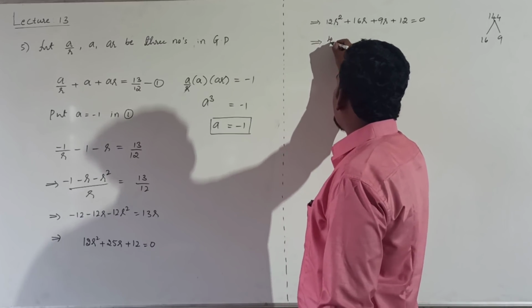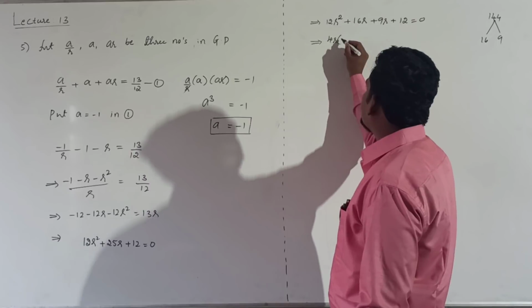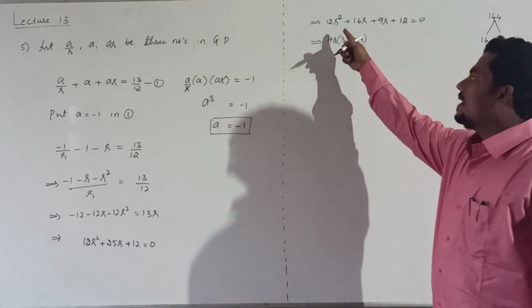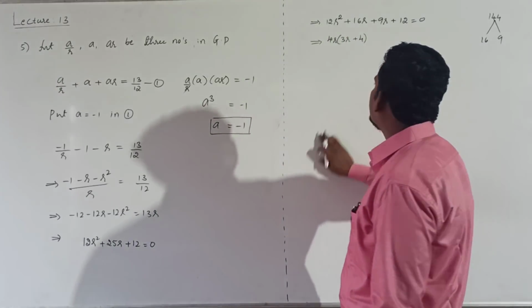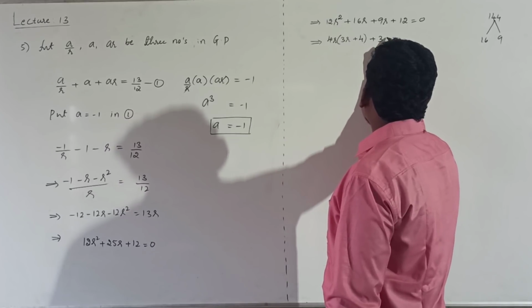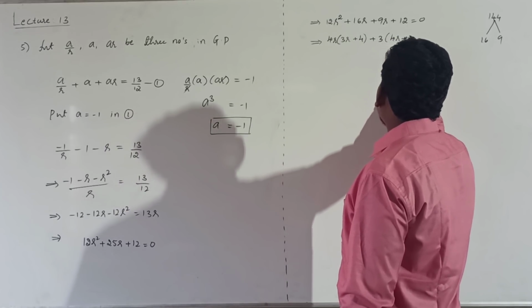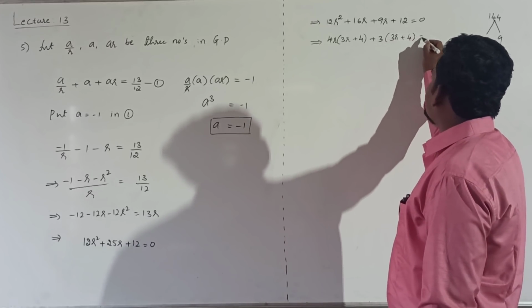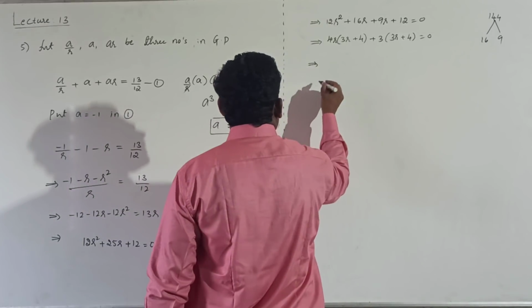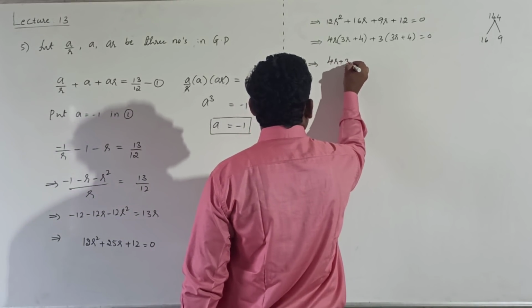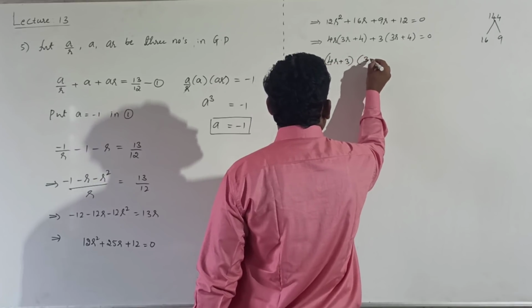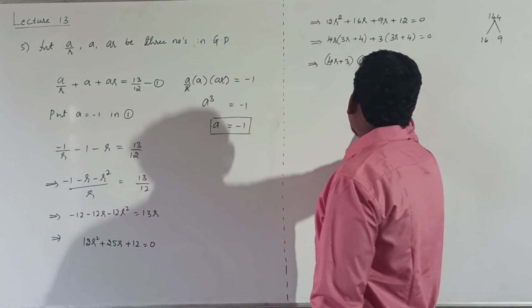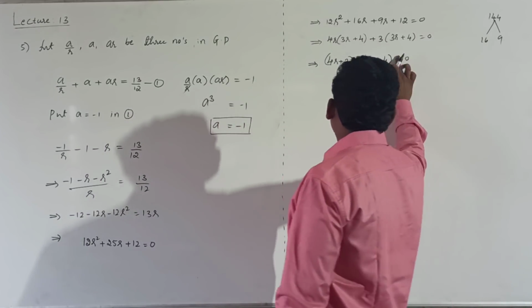Taking 4r common, 3r plus 4, then taking 3 common, 3r plus 4, equal to 0. Then we get 4r plus 3 into 3r plus 4 equal to 0.